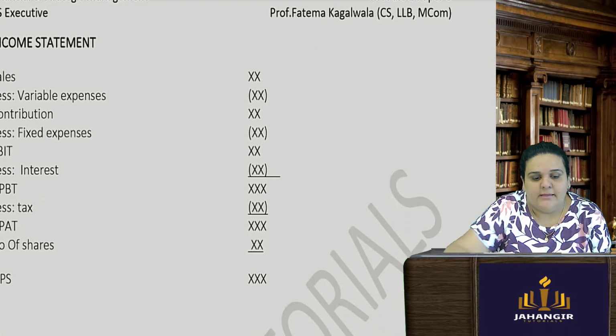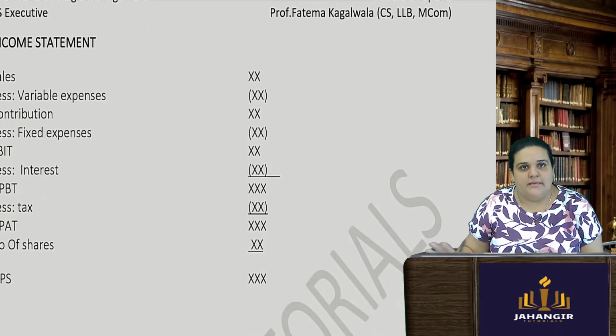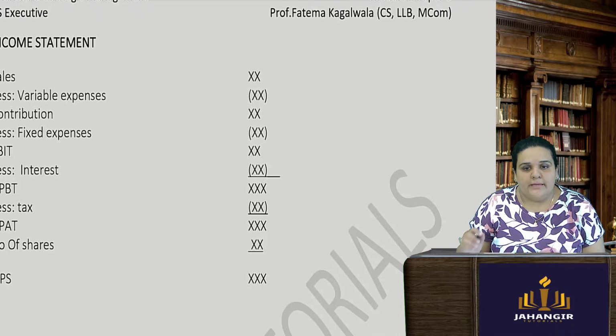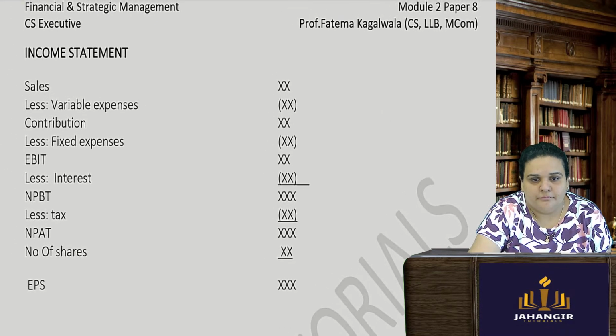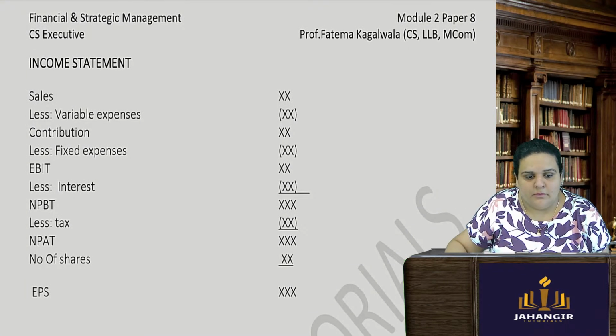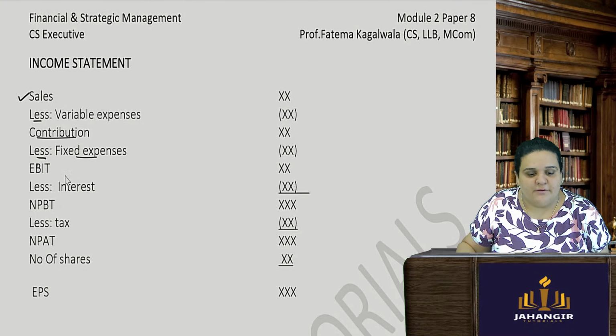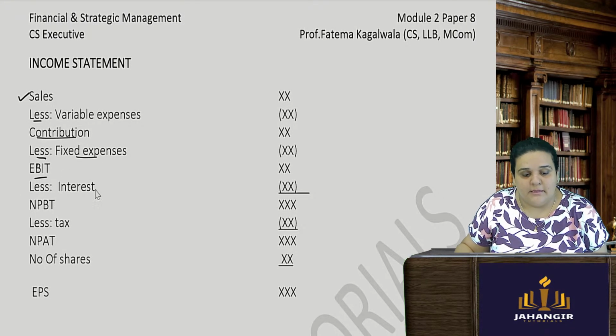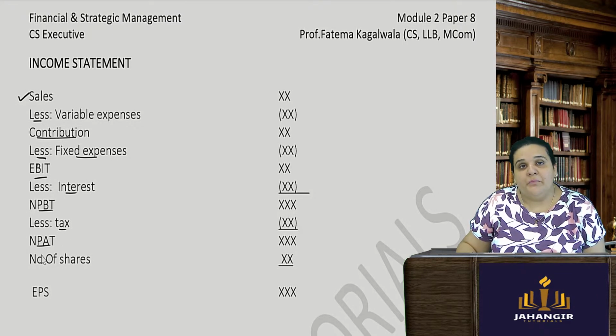Here is my income statement once again. From sales, I subtract variable expenses to arrive at contribution. From there, I subtract fixed expenses to get EBIT, less interest to get NPBT, less tax to get NPAT.